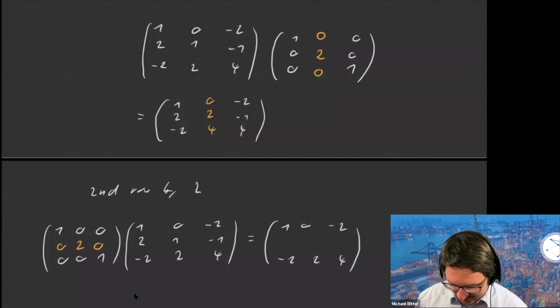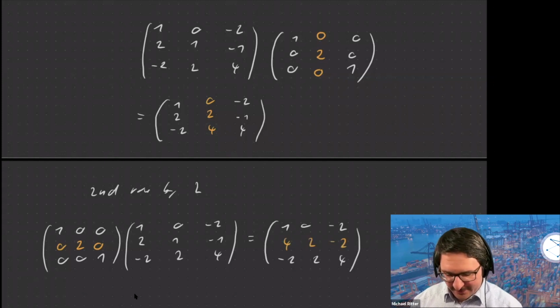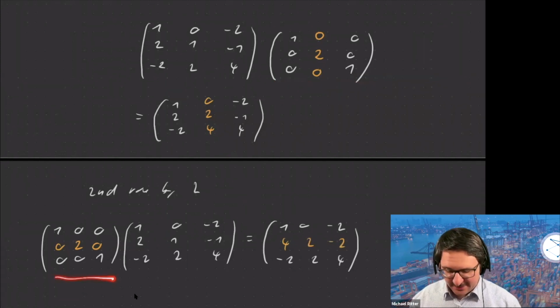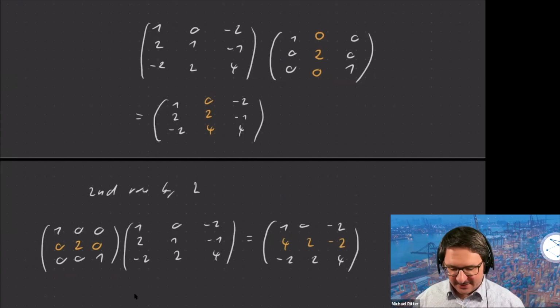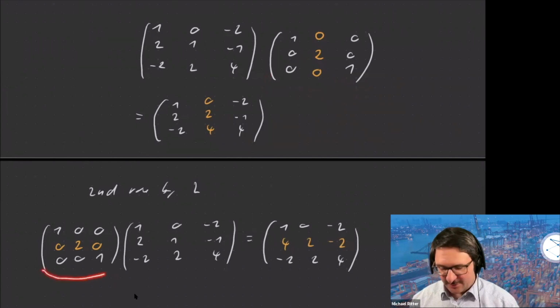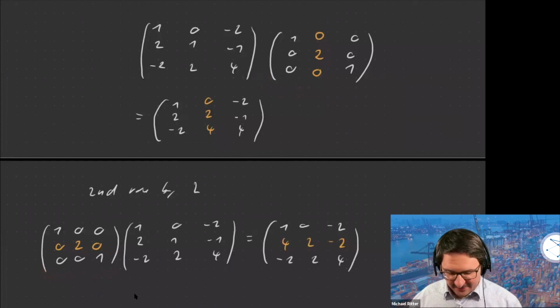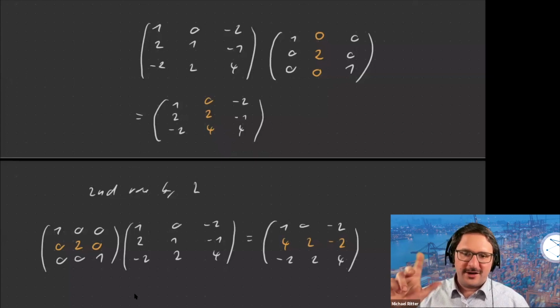So the result would be 4, 2, minus 2, okay? So you'll notice the matrix here, this one and this one, that's the same matrix. But in this case, you multiply it from the right. In this case, you multiply it from the left. And the result is different. So the order of matrix multiplication matters. That gives you different results.